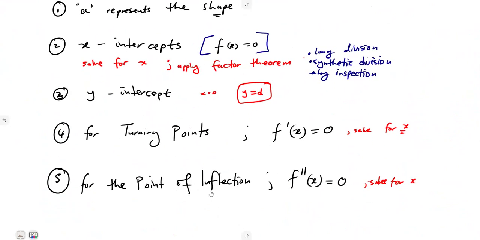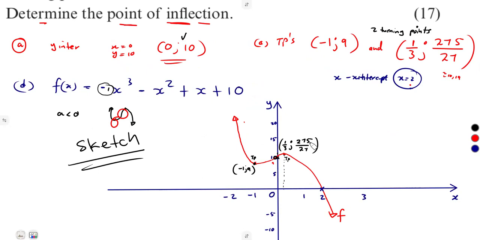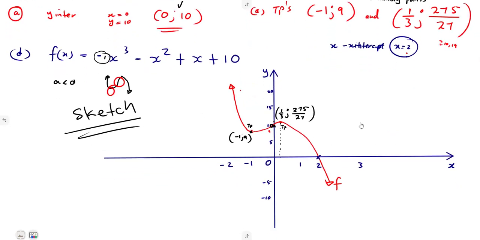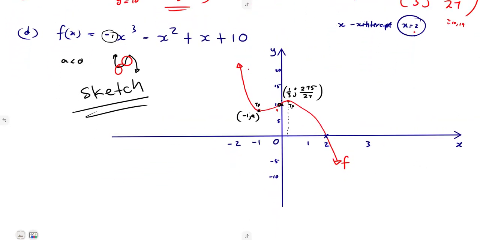For the point of inflection, the second derivative has to be exactly equal to 0. That is the condition of the point of inflection. That's E. So there you work with the second derivative equal to 0.